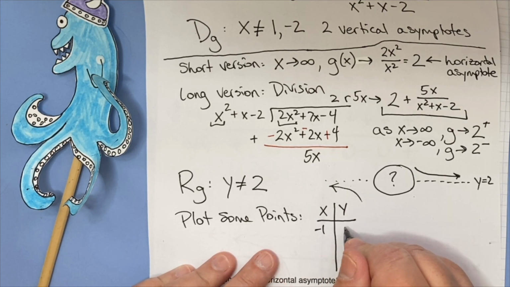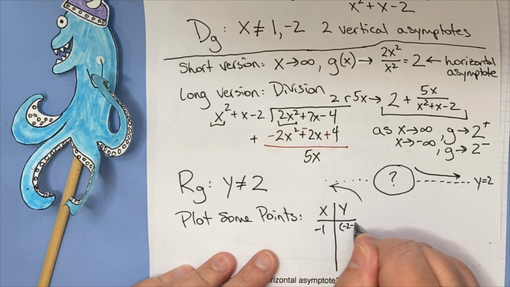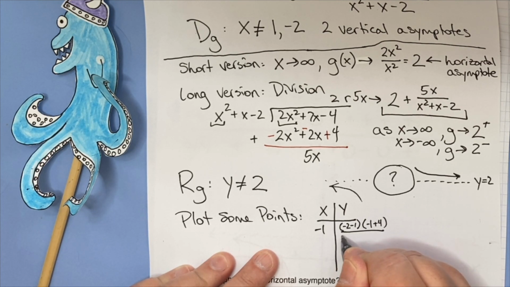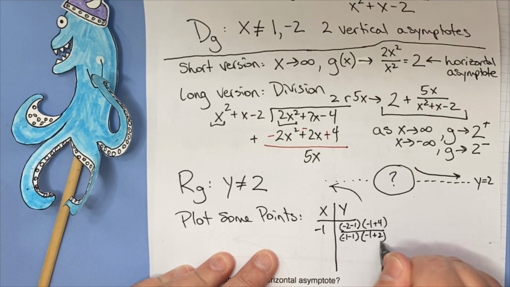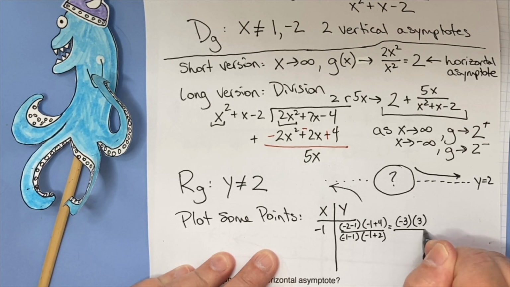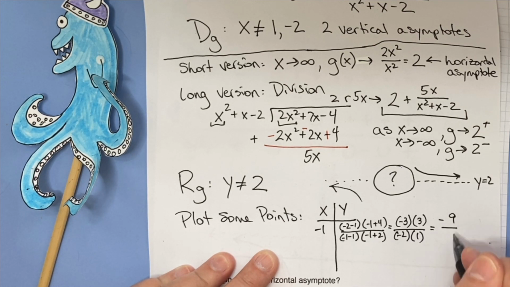So I'm going to get -2 minus 1, -1 plus 4, -1 minus 1, -1 plus 2. Okay, so that's -3 times 3 all over -2 times 1. So that's -9 over -2, so that's going to be 4.5.